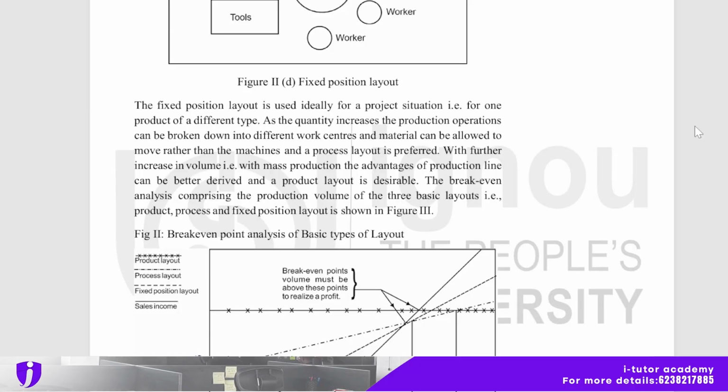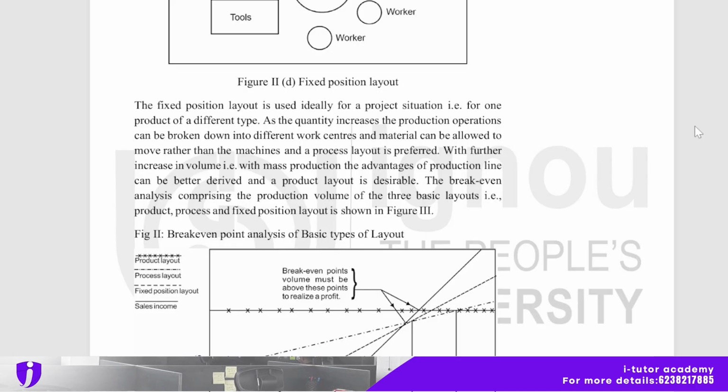The fixed position layout is used ideally for a project situation for one product of a different type. As the quantity increases, the production operations can be broken down into different work centers and the material can be allowed to move rather than the machine, and the process layout is preferred.